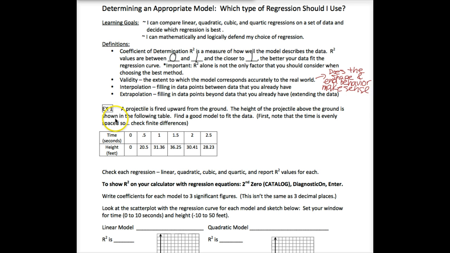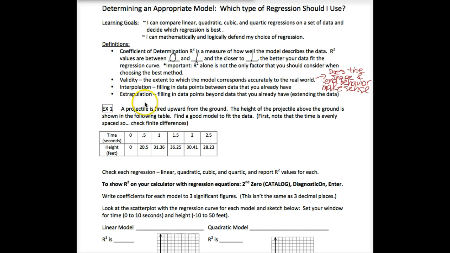Now, two other definitions that we're going to need to talk about are interpolation and extrapolation. Interpolation is when you are filling in data points between the data that you already have. So basically, I'm asking you for a value that is not listed in the table, but it's within the X range of the data you already have.